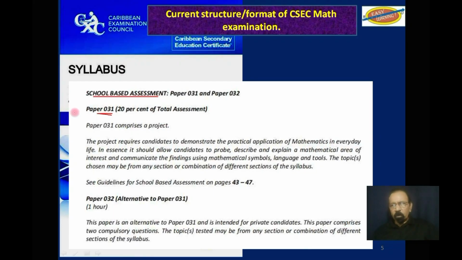If you are not in school and you are writing this exam as a private candidate, there is an alternative to paper 031, which is 032. Basically, it follows the same pattern, but this time, instead of doing research to collect data, in the exam itself you will be told that somebody did a research and got the following data, and then you will be asked to do certain things with the data.